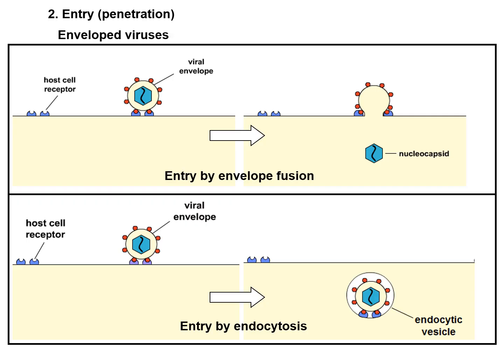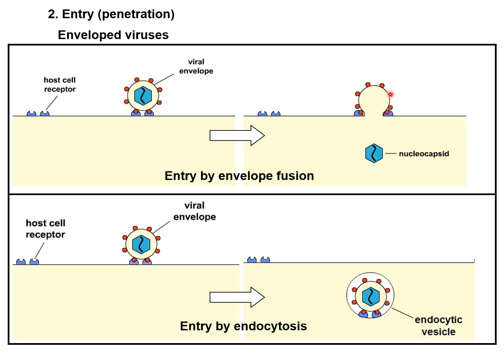If you have an enveloped virus, what could happen? We basically have 2 mechanisms by which the virus can enter. The first being envelope fusion. Remember, again, from our lecture on the components that form a virus, we said that viruses could have this envelope, which is a lipid bilayer membrane, and it is derived from the host cell membranes or host cell organelle membranes, either the cell membrane or the organelle membranes.